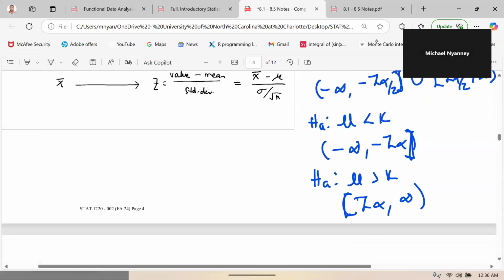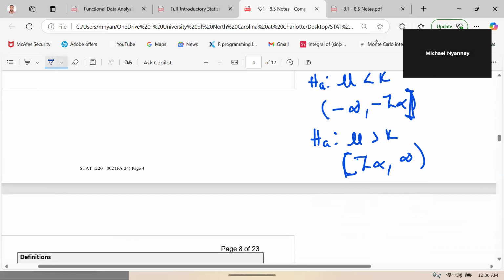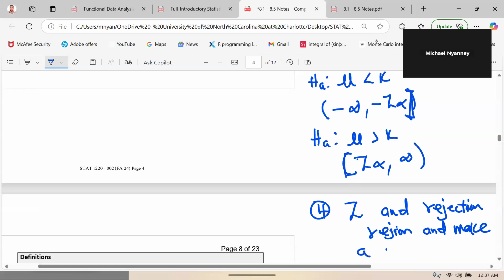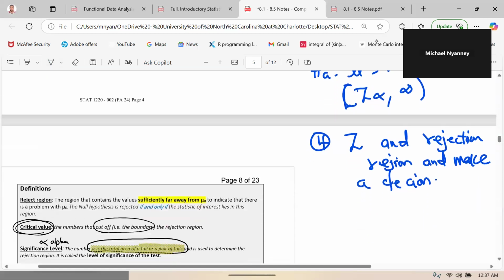Okay, and our fourth step, what we do next, is that now we compare Z and our rejection region and make a decision. So we're going to do that.